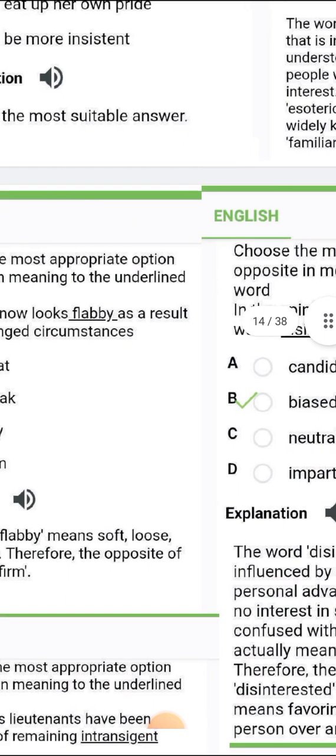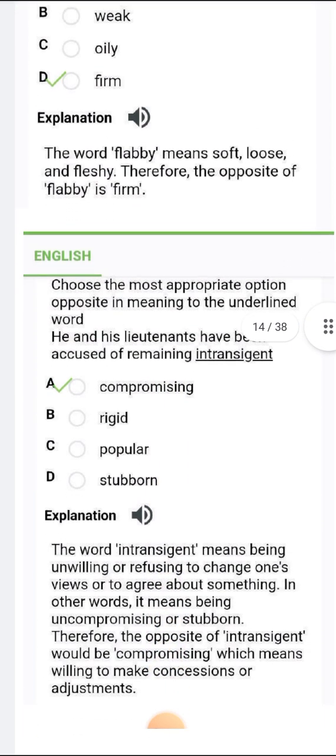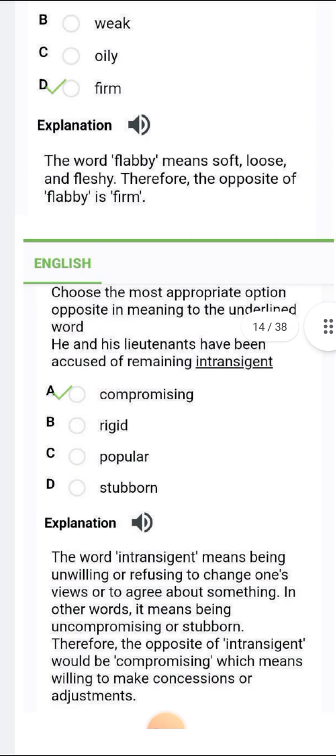So the next one there we are looking at is flabby. Flabby is firm. The word flabby means soft, loose, and fleshy. Therefore, the opposite of flabby is firm. Alright? So the next word there is intransigent.